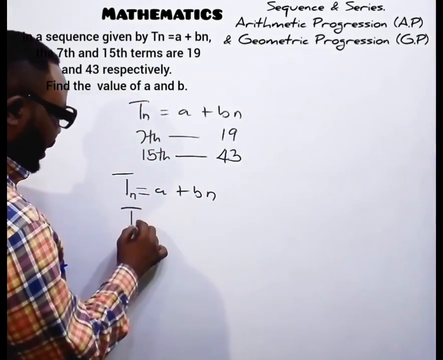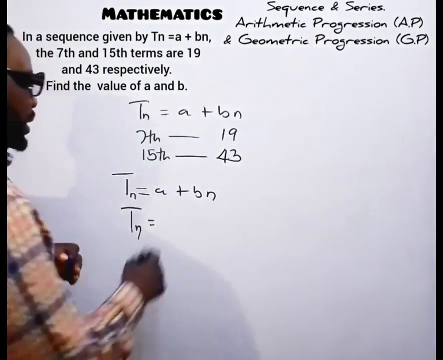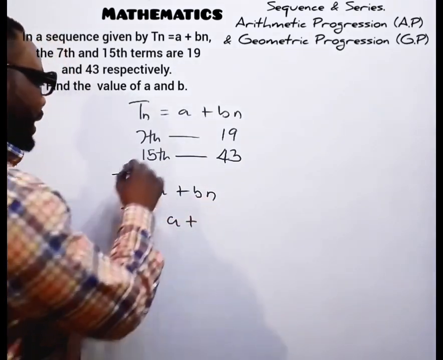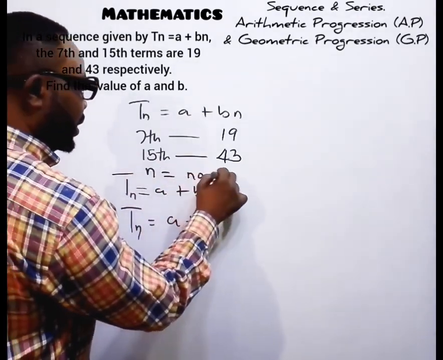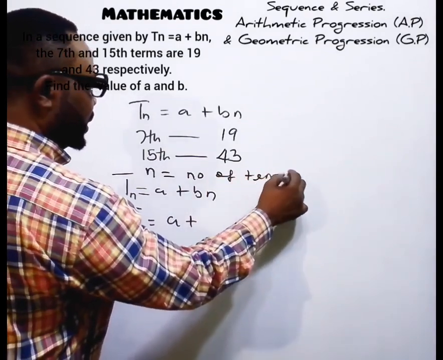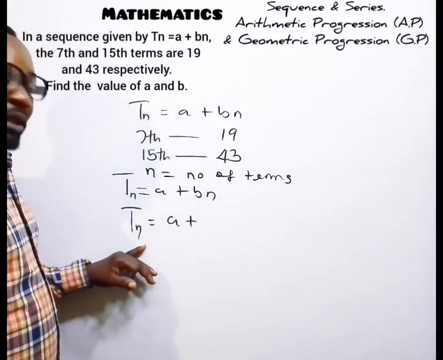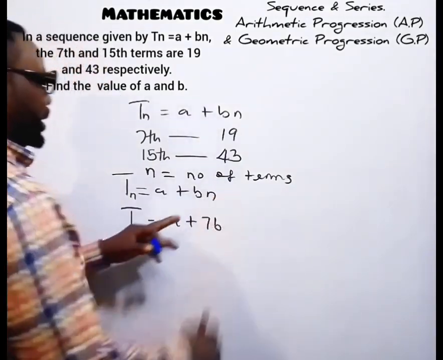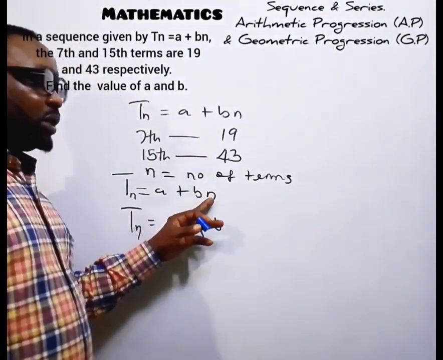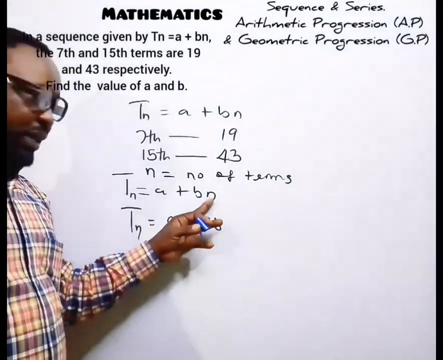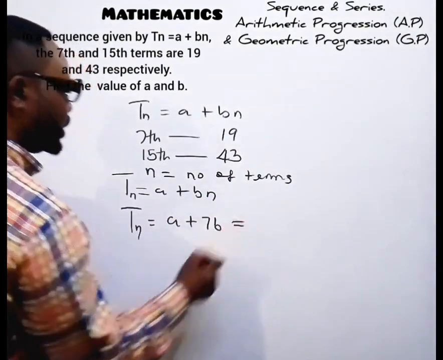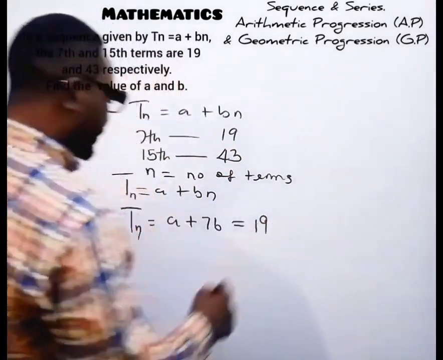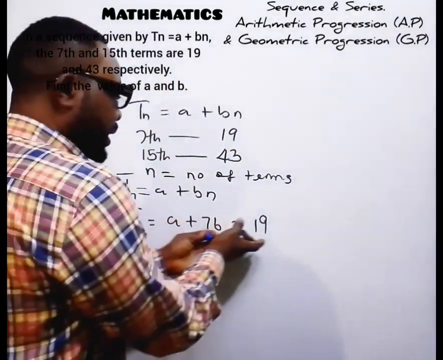For the 7th term, T7 is equal to a plus 7b. Don't forget that n is the number of terms, and we are talking about the 7th term, so that is 7 times b, which is equal to 19.